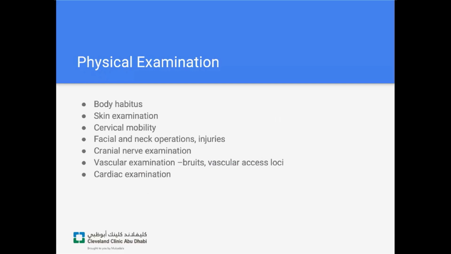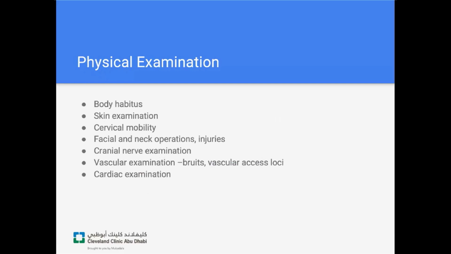Again, those who've had previous radiation therapy will have very tough fibrotic skin, and I also look for scars from previous operations, which will make carotid endarterectomy more difficult and carotid stenting more appealing. Cervical mobility is very important.